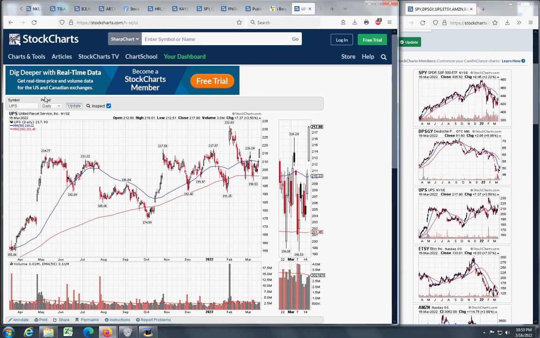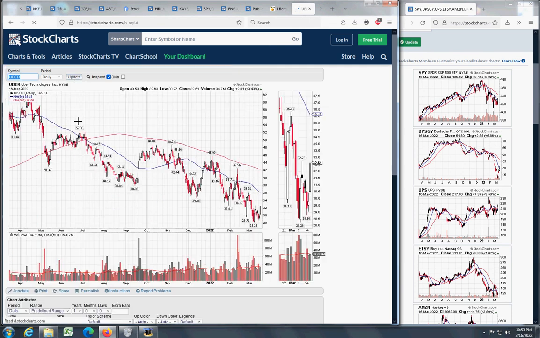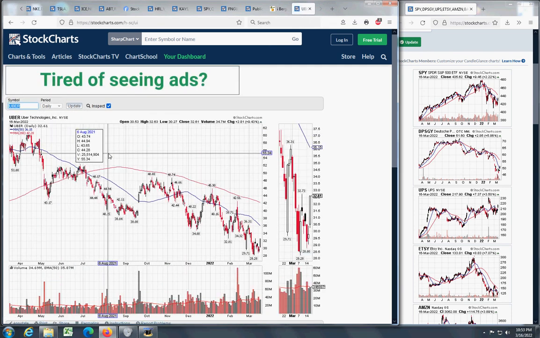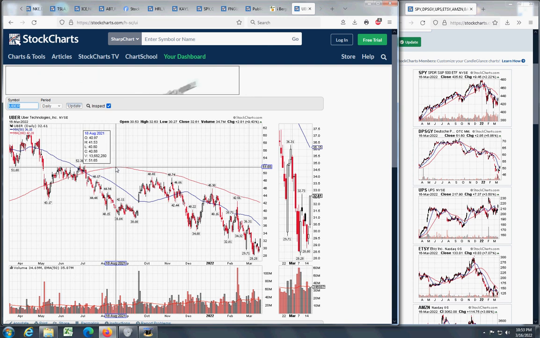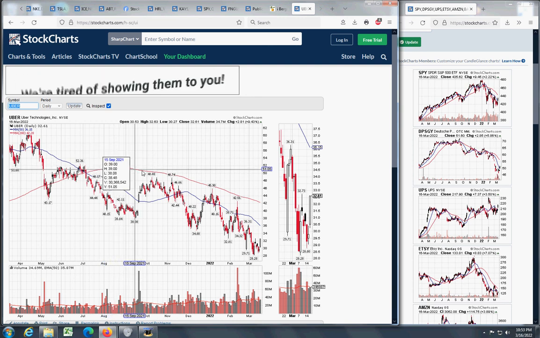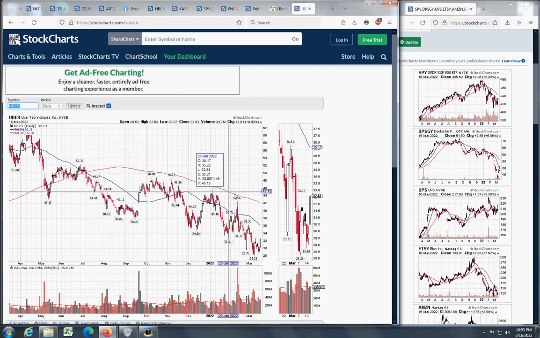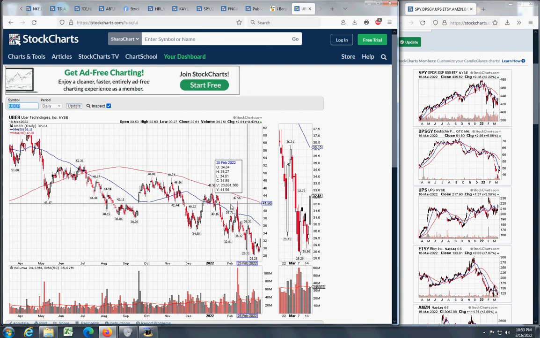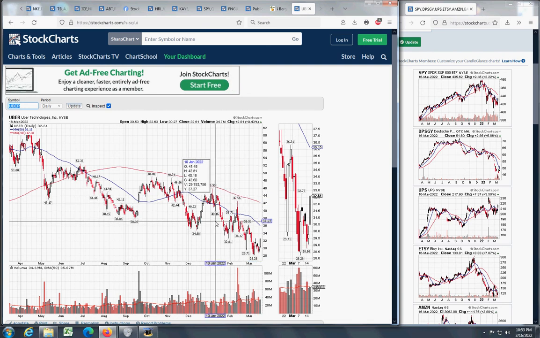Now, Uber. Uber is the same sorry picture. The 200-day moving average is safely above the stock. The stock is below it. It's a bear market, and it keeps on going down.